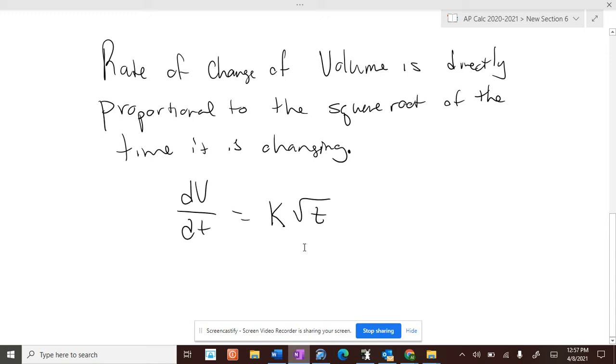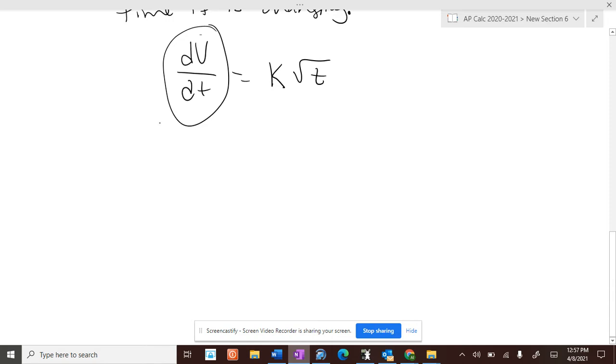Okay? The rate of change of volume, because the volume is changing with respect to time. Because if something is changing, it's generally changing with respect to time. So you need the dt on it.